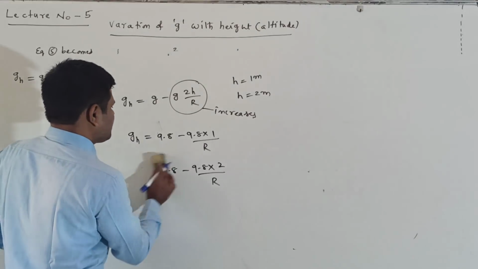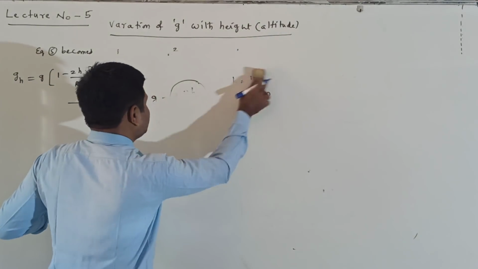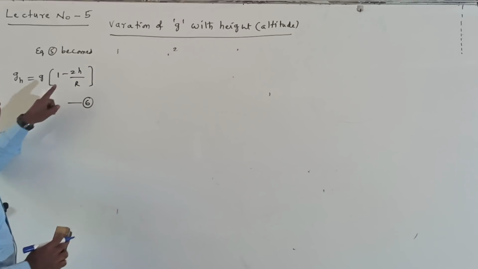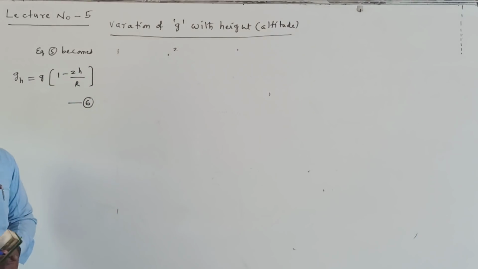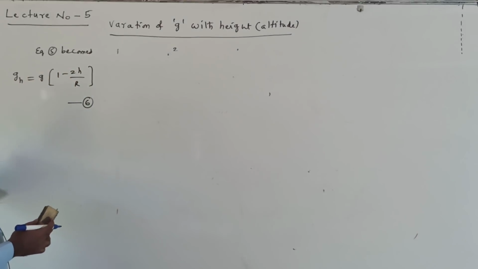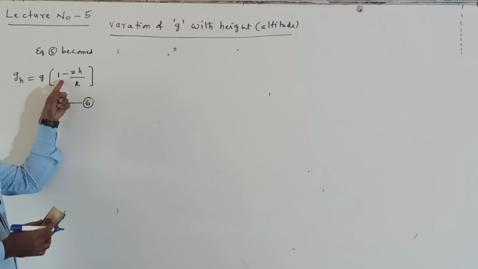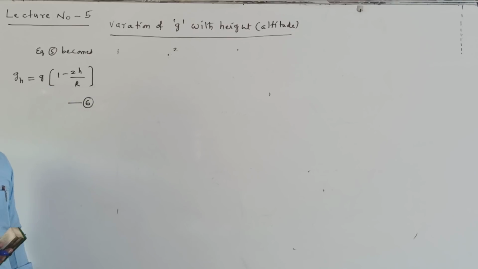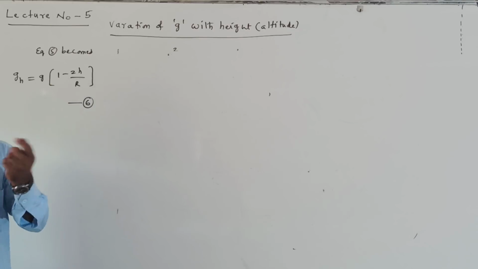From this equation we are saying that when the height is increasing, gh value is decreasing. This is what we can understand from mathematics. When h is increasing, gh value is decreasing, because we are subtracting some value from g, or subtracting some value from 1.